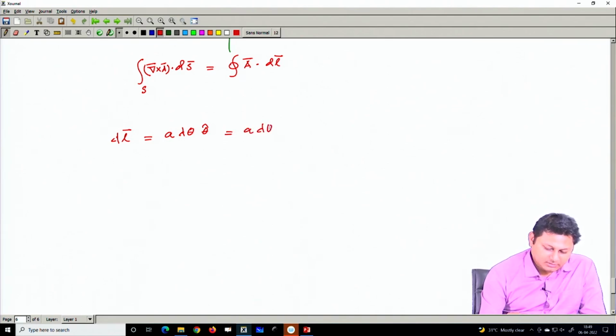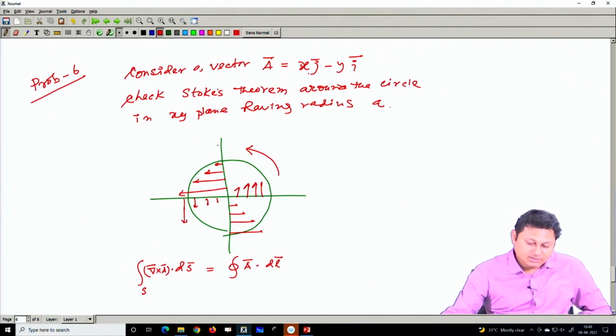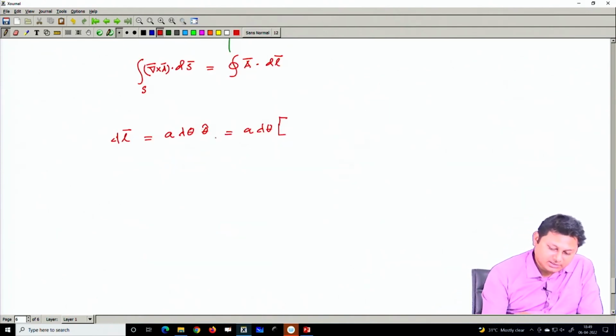In terms of i, j, k, because my vector field is given in the Cartesian coordinate system, I need to make a transformation, writing the theta unit vector in terms of i, j, k. We did it earlier. So, it should be i times minus sin theta plus j cos theta.